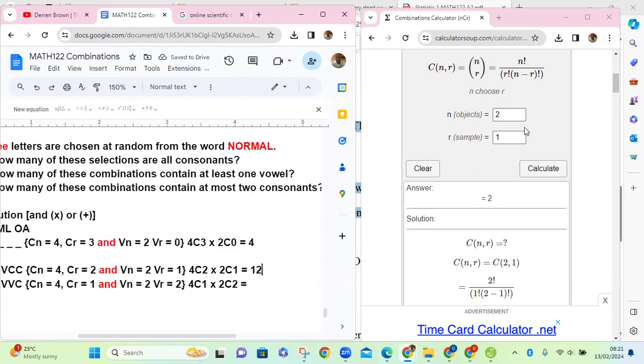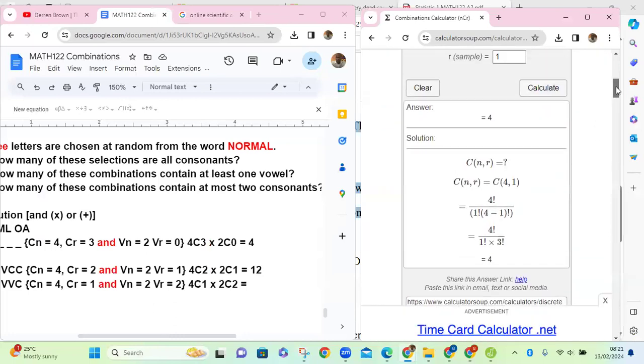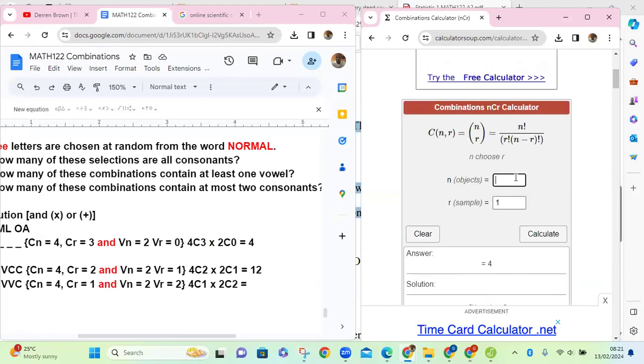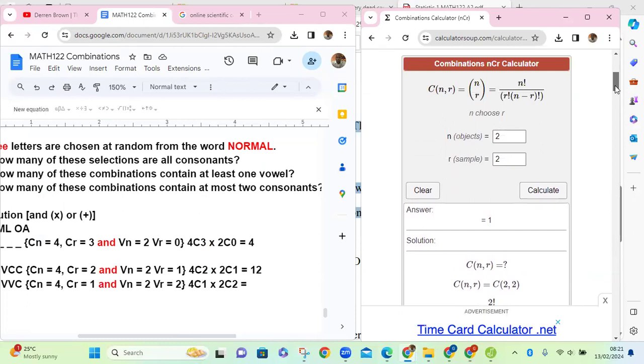And 4C1 is 4, obviously, times 2C2, that's 1, obviously.